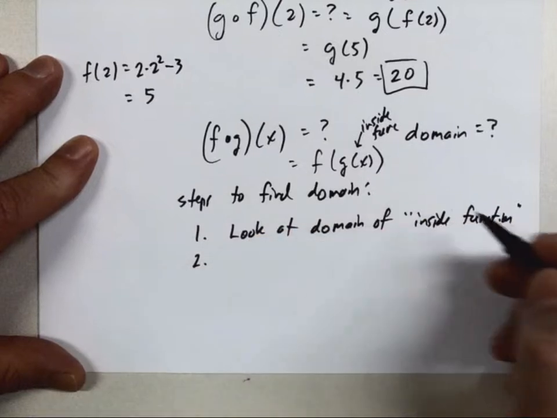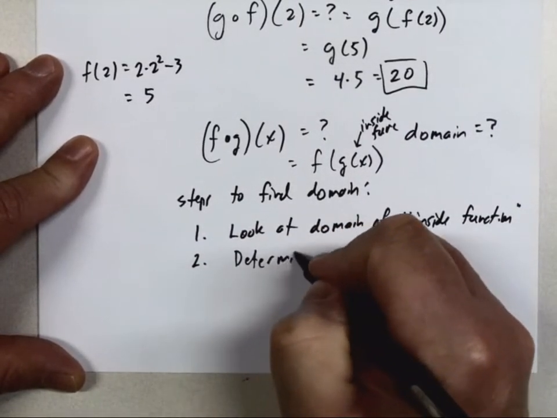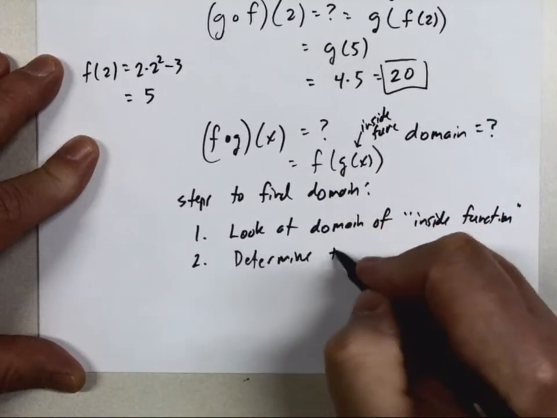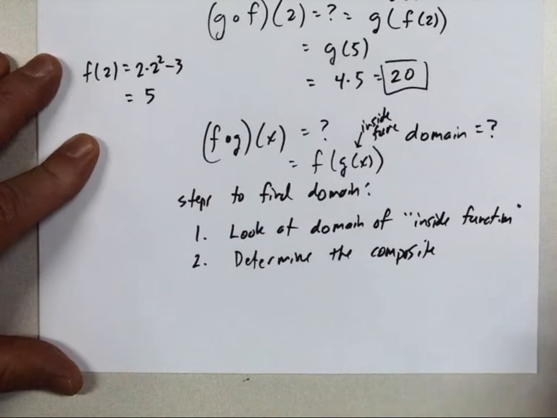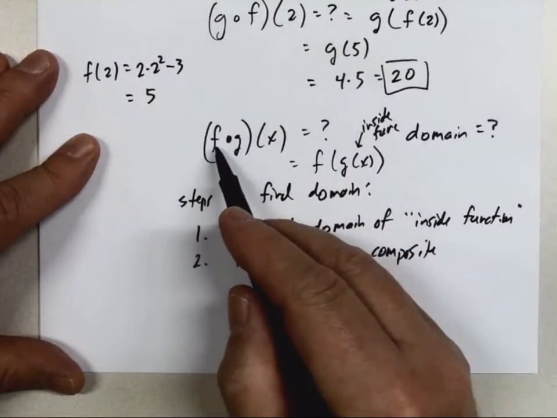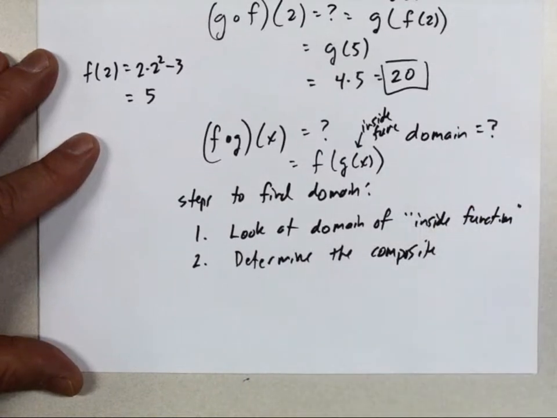Actually, I'll make this 3 steps. Then you go ahead and you do the math to find the composite function. In this case, f composite g of x, f of g of x, you get some equation or expression.